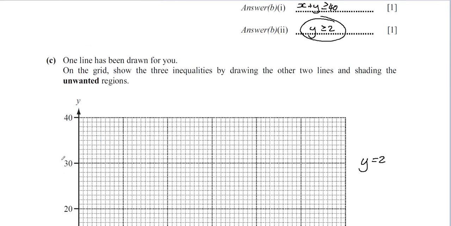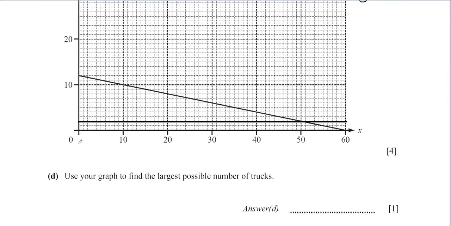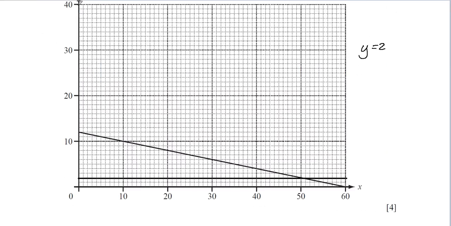If we want to find the y-intercept, we make this an equation: x plus y equals 40. When x is 0, what is y? 0 plus y equals 40, so y is equal to 40. So when x is 0, y is 40 on this line.